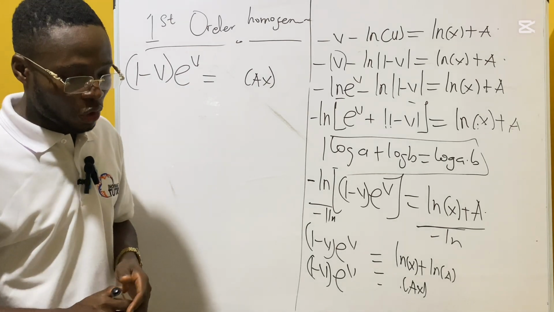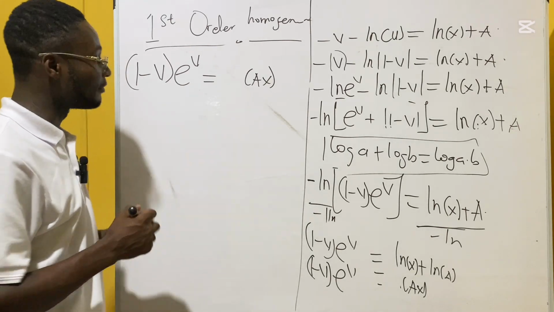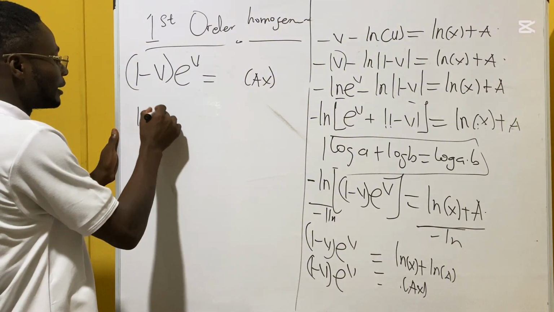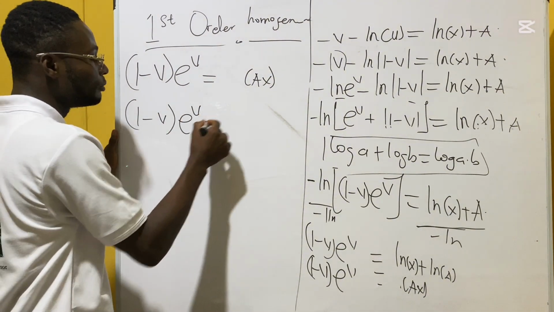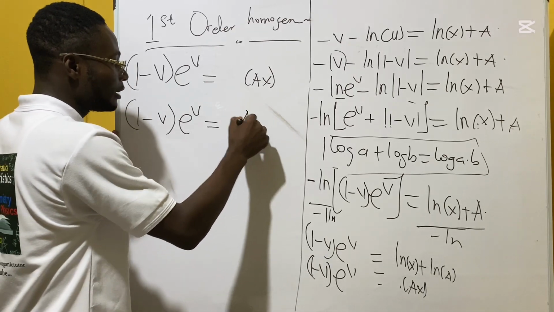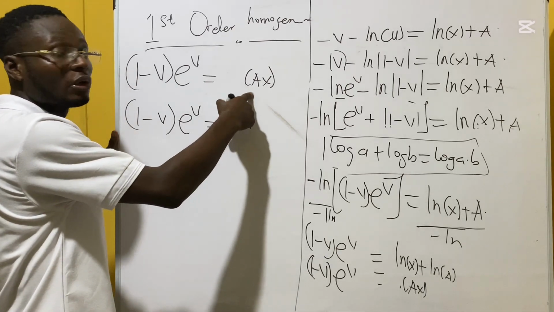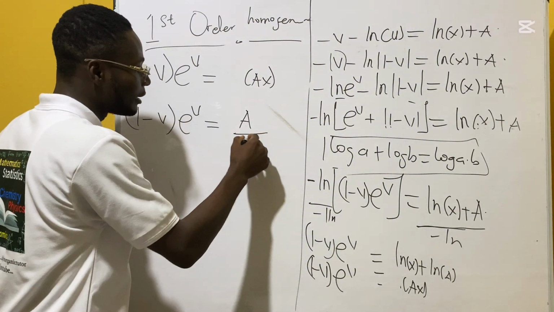Finally we have 1 minus v e power v should be equal to 1, or c or a, they are all constants, all over x.